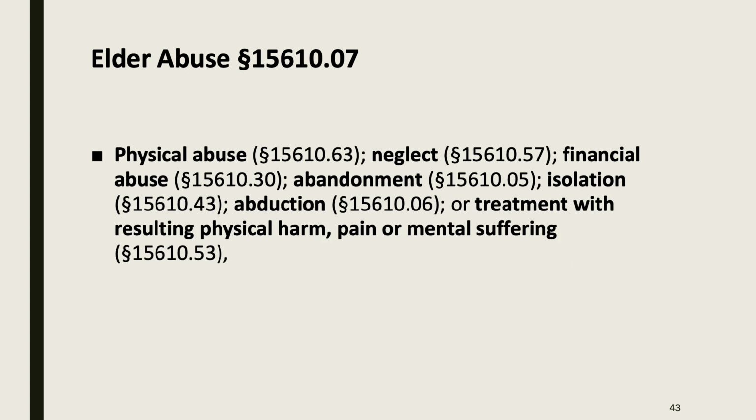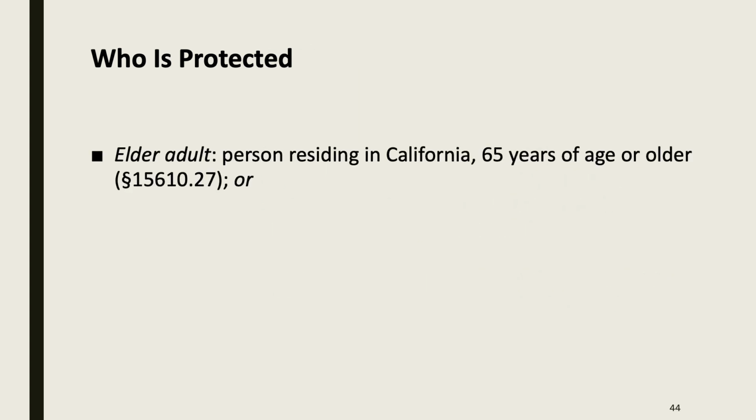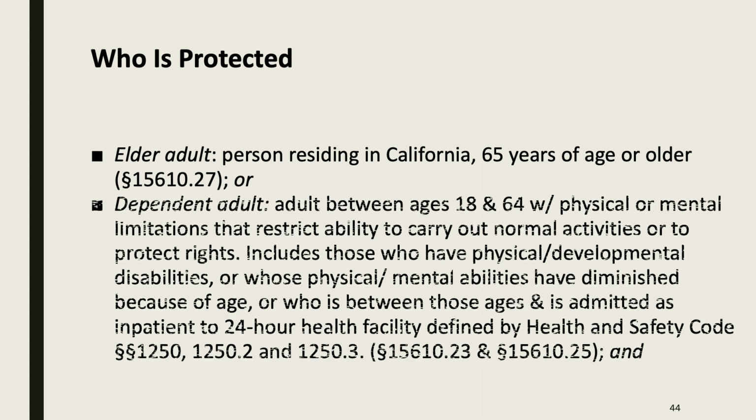Elder abuse includes physical abuse, neglect, financial abuse, abandonment, isolation, abduction, or treatment with resulting physical harm, pain, or mental suffering. But it also includes depriving the care custodian of goods or services necessary to avoid physical harm or mental suffering. Who's protected? Well, an elder adult, who's defined as a person residing in California 65 years of age or older.